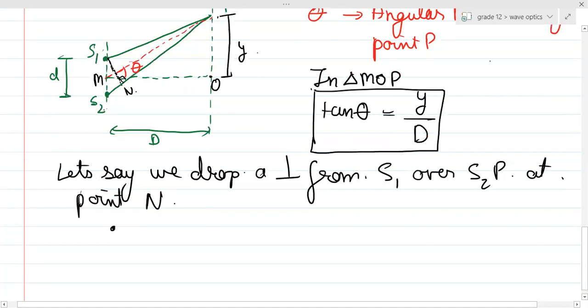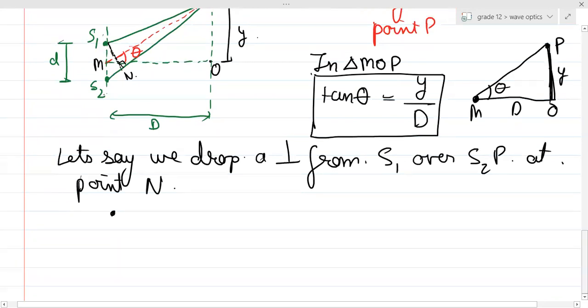Can anyone see this triangle? The triangle MOP, I think, is clearly visible to everyone, right? Can you see this triangle? Look carefully. I am trying to make it a little bigger.